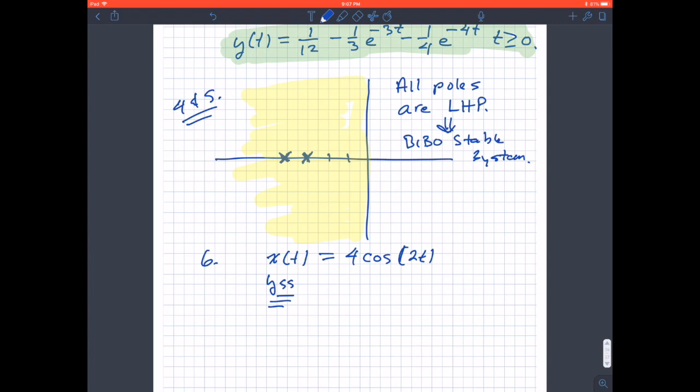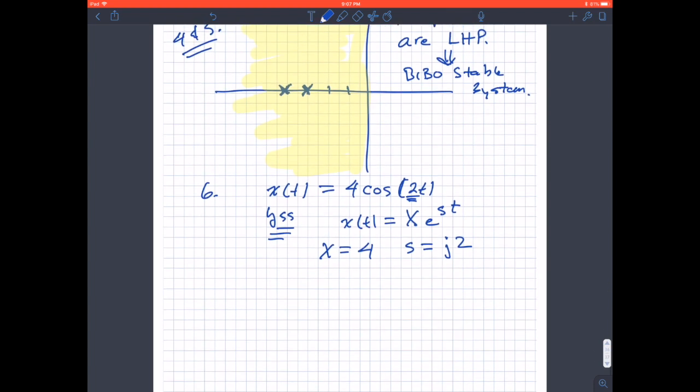You can go with just the particular solution, which is straightforward to get by identifying x of t in the form of X e to the st. So we've done this all semester where we said in this case X would be 4 and s is j2. Okay, so j times the frequency.